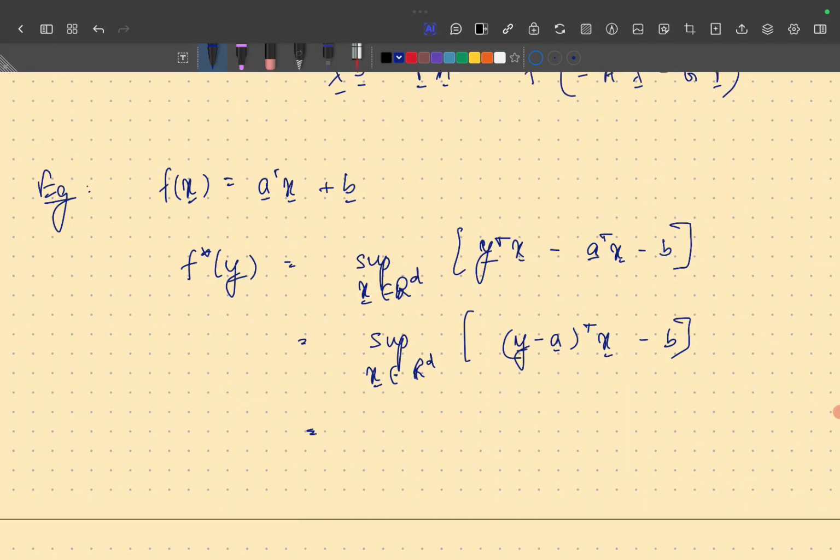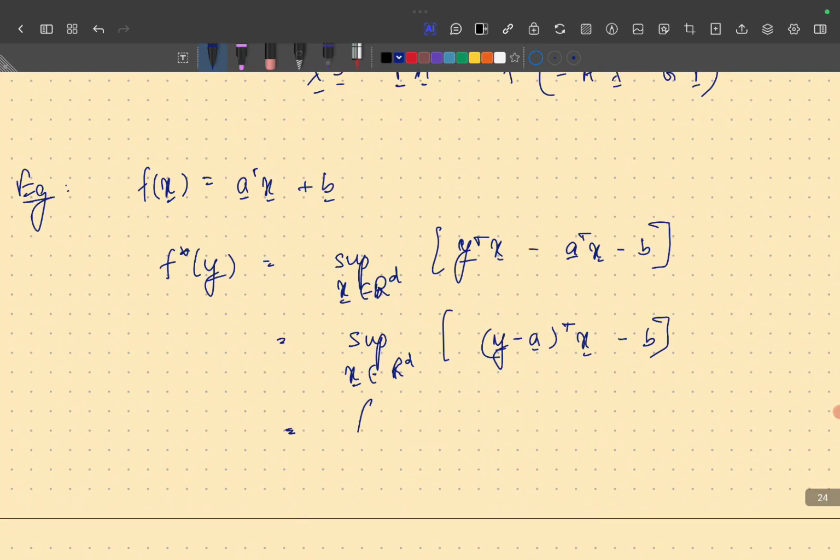What is this equal to? Is it always equal to infinity? When y is equal to a, it is minus b, and if y is not equal to a, it is plus infinity, right?